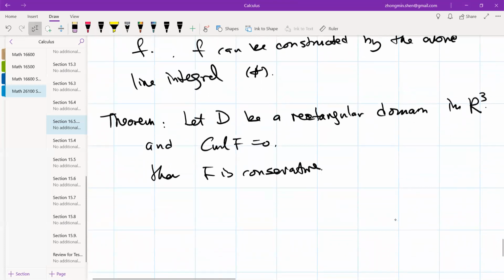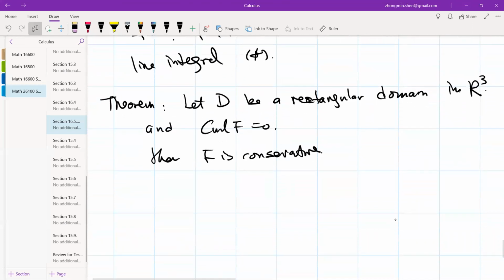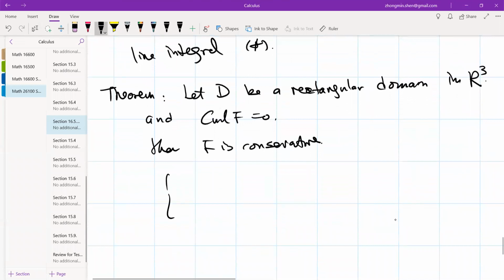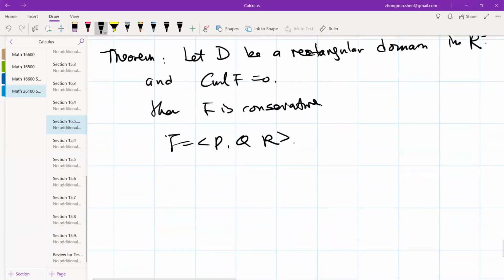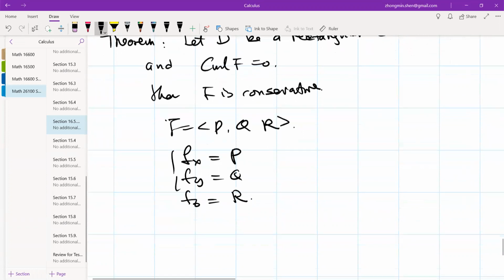You just need to integrate on both sides. How do you do that? F is going to be P, Q, R, and then you have this integral and this equation. Then you just integrate.